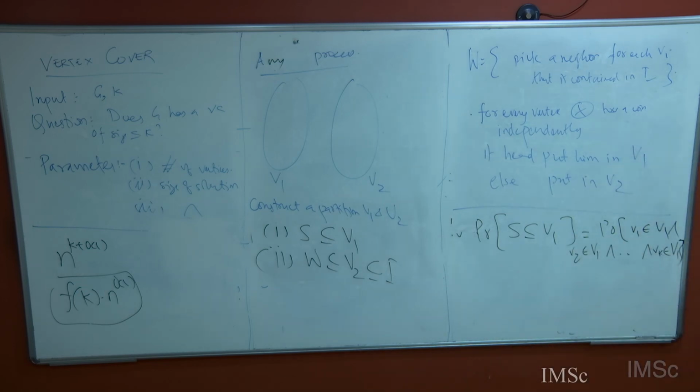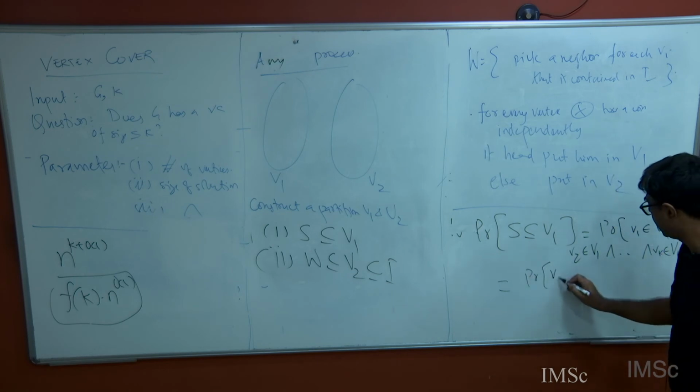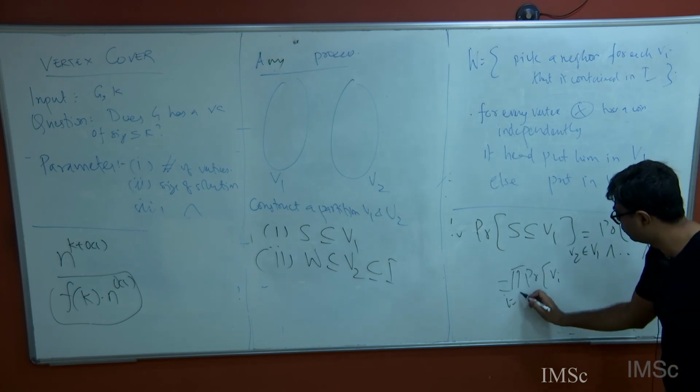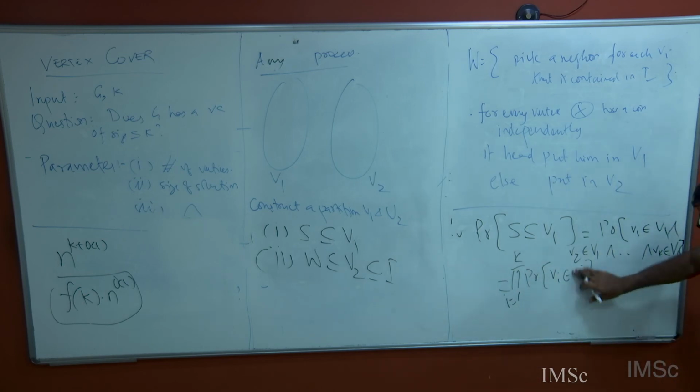S is contained inside V1 means each of these is inside V1, and these are independent events, which implies this is a product over i going from 1 to k of the probability that vi is in V1. What is the probability that vi is in V1? Half. So this is equal to 1 over 2 to the power k, because it is half, half, half, half product. Excellent.